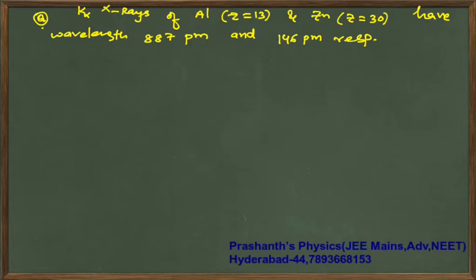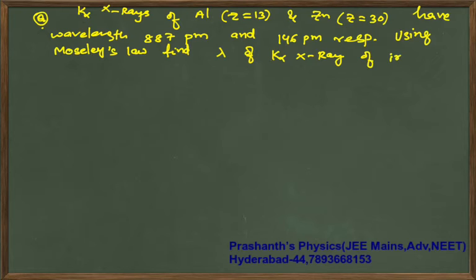Using Moseley's law, find lambda of K alpha X-ray of iron, Z value is equal to 26. So try to answer this question. Pause the video clip, try the solution, then I will explain the solution. Come on, give it a try.